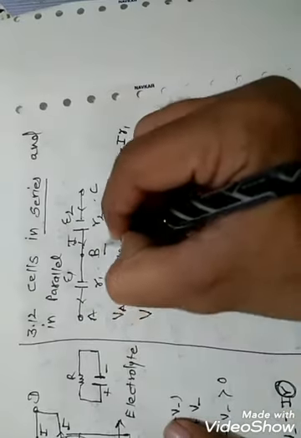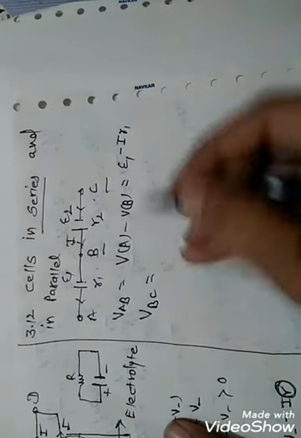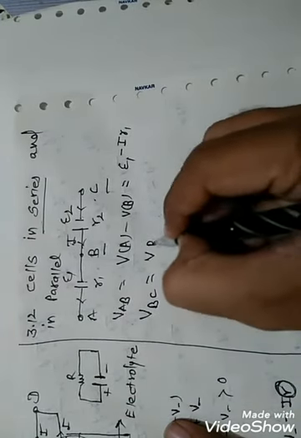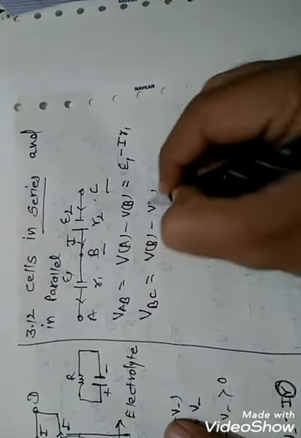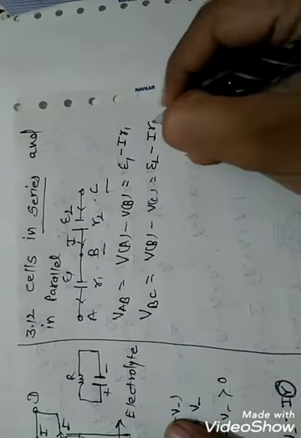Similarly, the potential difference between B and C is equal to E2 minus I R2.